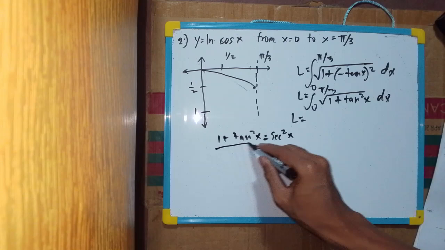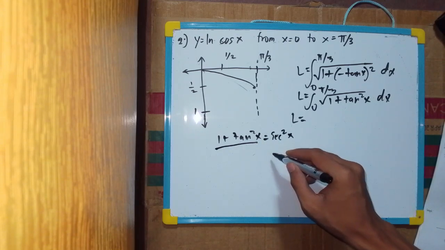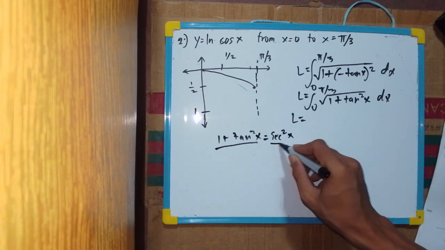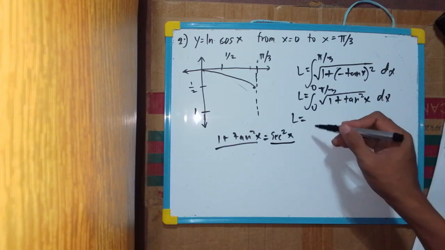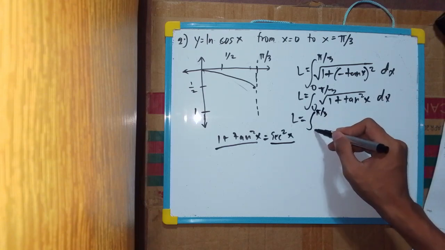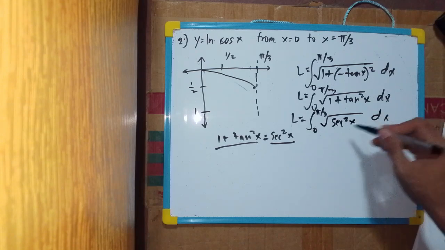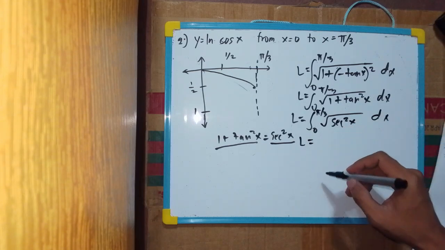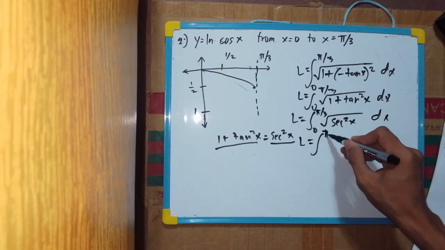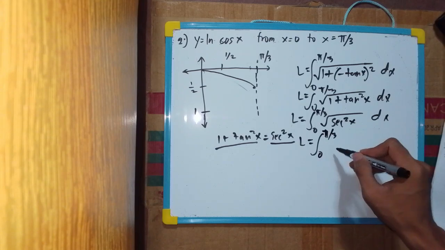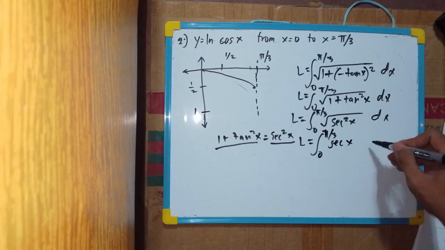So we can replace 1 plus tan squared x with secant squared x, so we have the square root of secant squared x dx, and the square root of secant squared x will be just secant x.